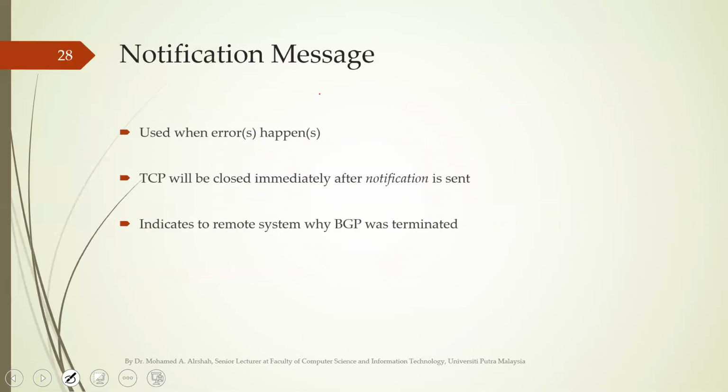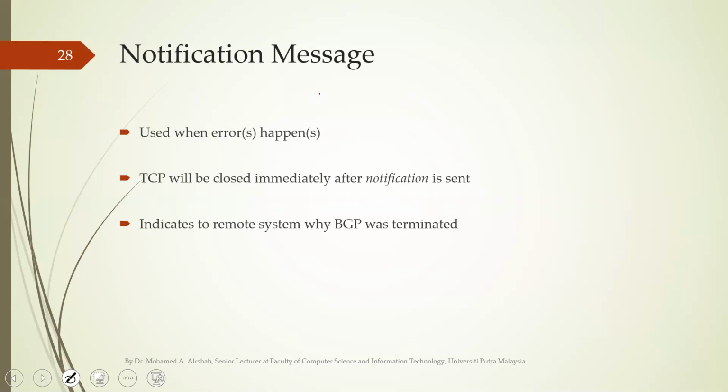The third type is the notification message. It's used when errors happen. So if an error happens at a certain router, they have to notify their neighbors using the notification message. TCP will be closed immediately after the notification is sent. So after we send a notification message, the TCP connection will be terminated.